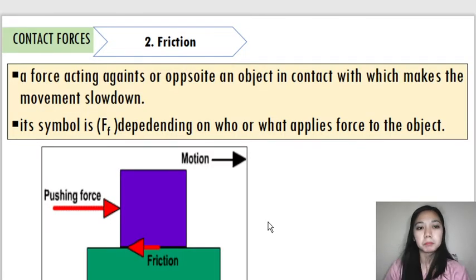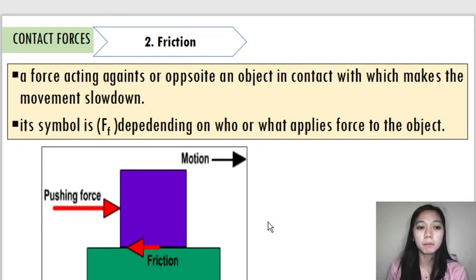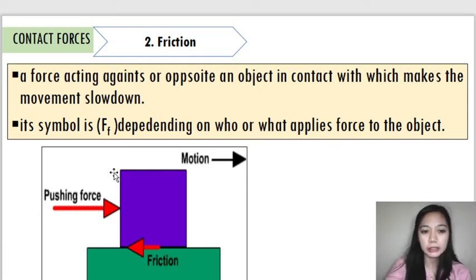Next, let's proceed with the second example of contact force. Let's have friction. When we say friction, friction is a force acting against or opposite an object in contact with, which makes the movement slow down. And the symbol for a friction is small letter f as the subscript.